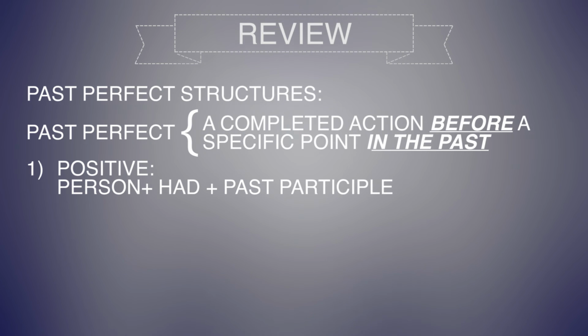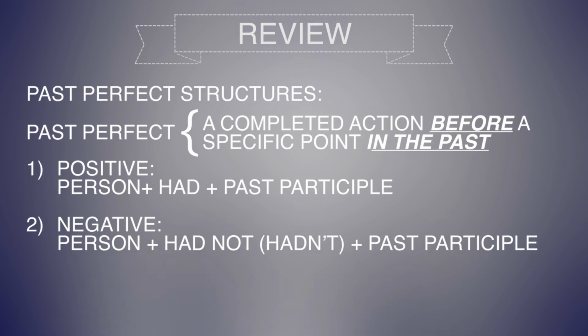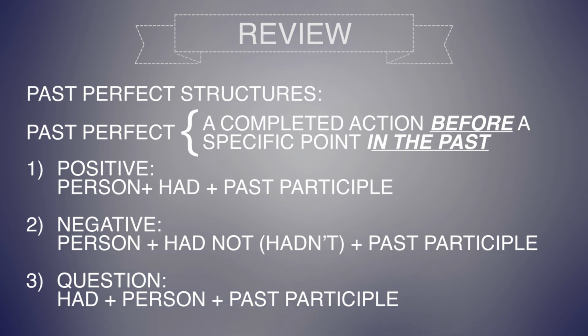The positive structure is person plus had plus past participle. The negative structure is person plus had not or hadn't plus past participle. The question form is had plus person plus past participle.